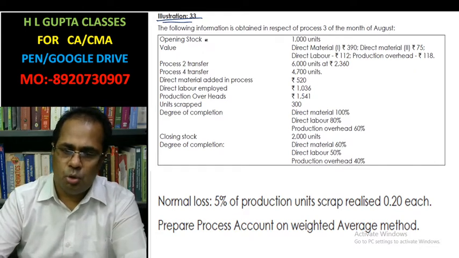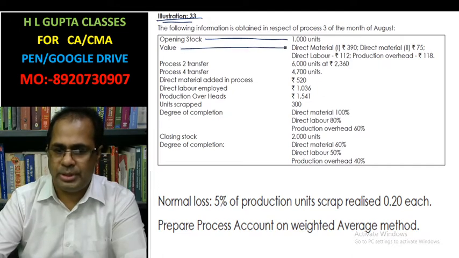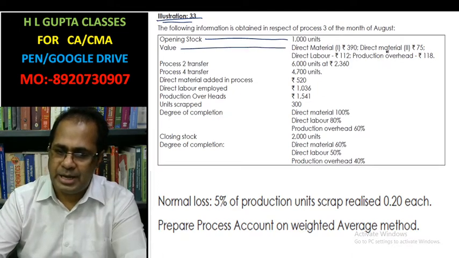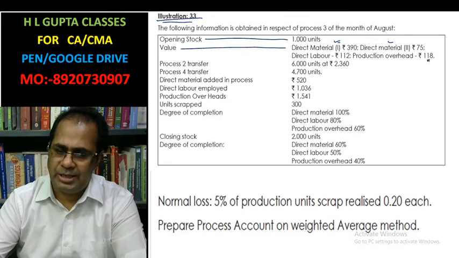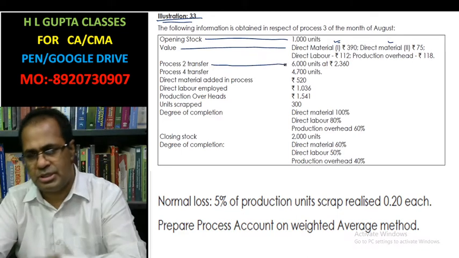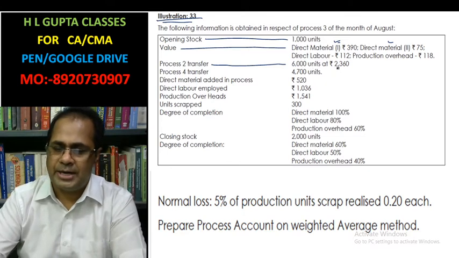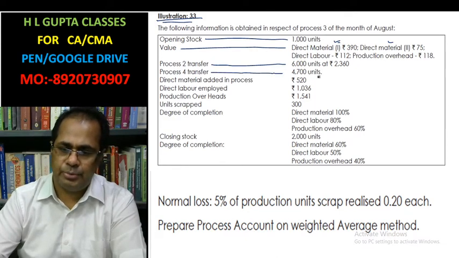Opening stock is 1000 units, valued as direct material first 390, direct material second 75, direct labor rupees 112, production overhead rupees 118. Transfer from process 2 into process 3 is 6000 units at the cost of 2360. Transfer to process 4 is 4700 units.